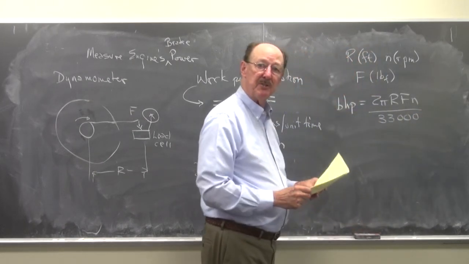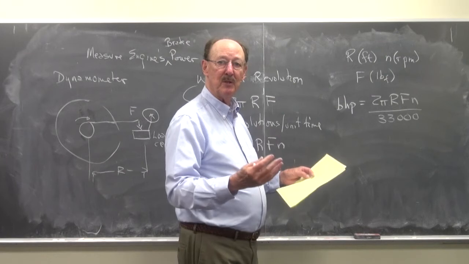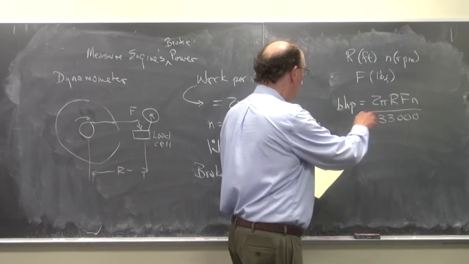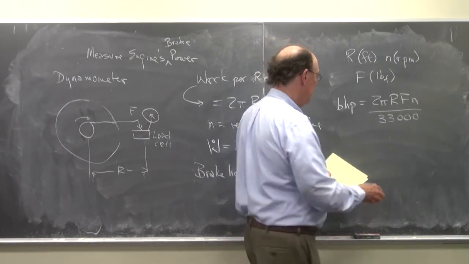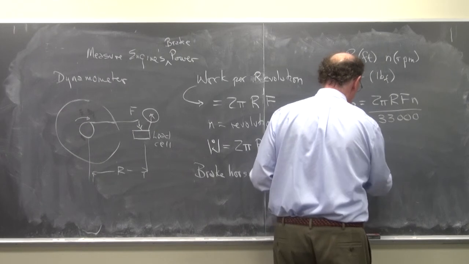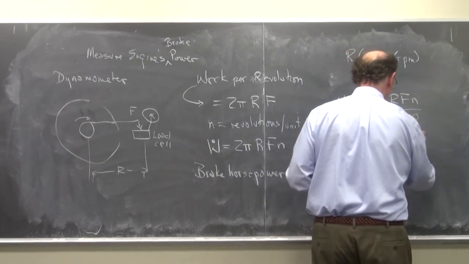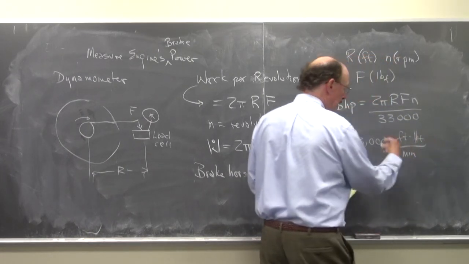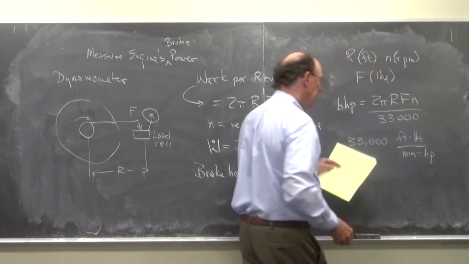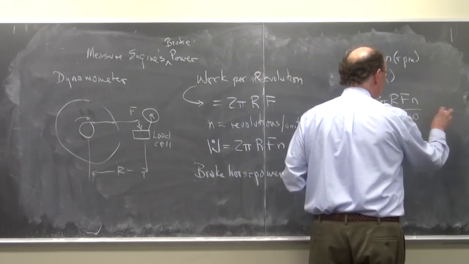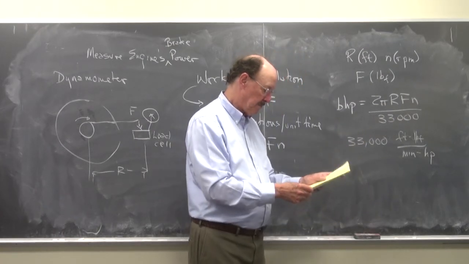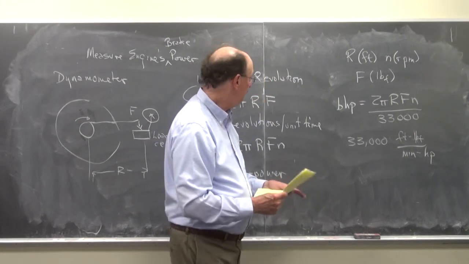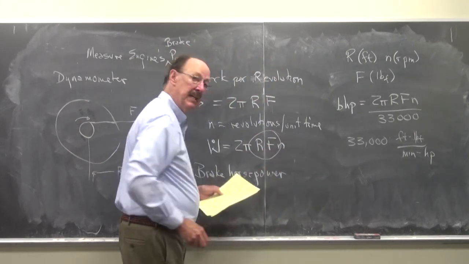The 33,000 is the conversion of foot-pounds force to a horsepower. So this is 33,000 foot-pounds force per minute per horsepower. And so anyway, when coming out of here, I'll have the units on this in bhp. RF, so this product, RF, is called the torque.